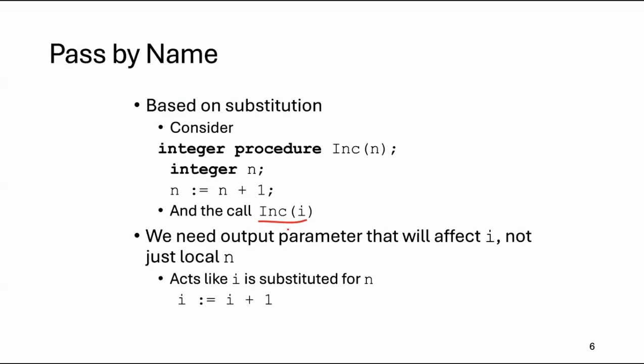When we send I, it replaces the n inside the procedure itself, so I will be affected and incremented. It acts as if I is substituted for n: you remove n and put I inside, as if you were saying I equals I plus 1 instead of n equals n plus 1. So when you send it, it is actually affected, and that's pass by name.